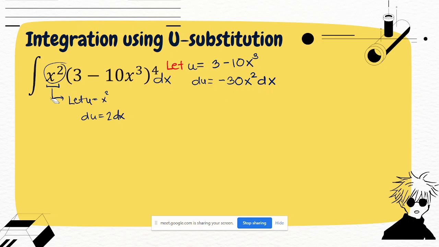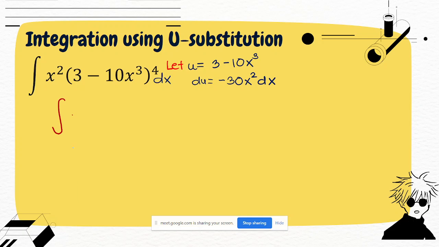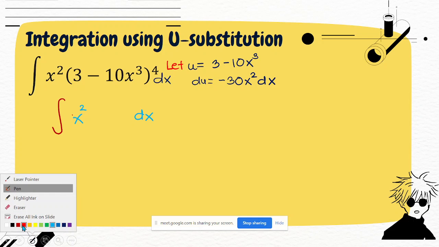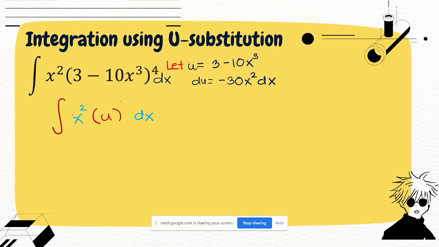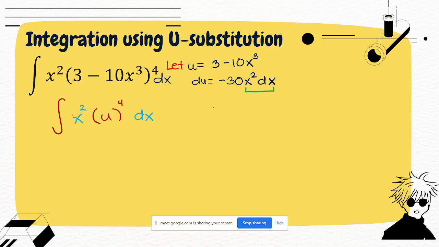So basically, to cancel x squared dx, if you notice, we can see x squared dx in the equation we let. Understood? Because look, x squared dx. How do we get x squared dx? Basically, that is du over negative 30. So this is equal to x squared dx.